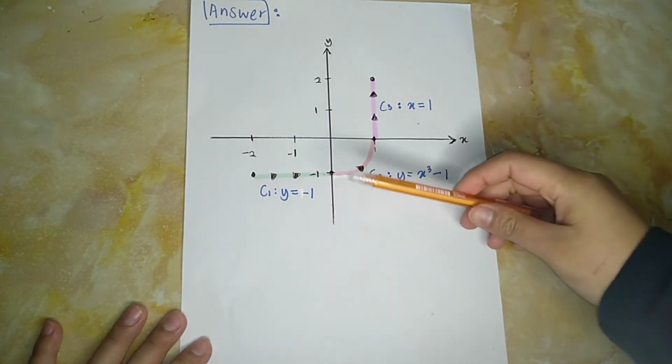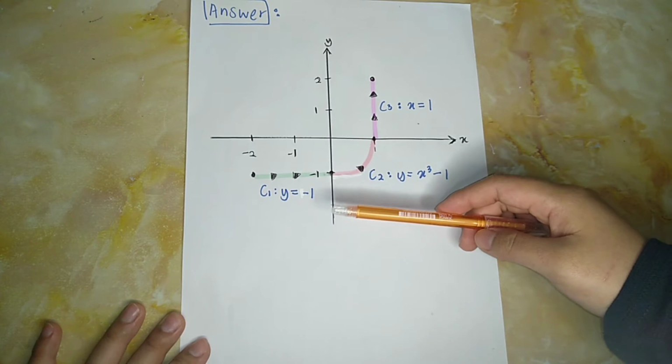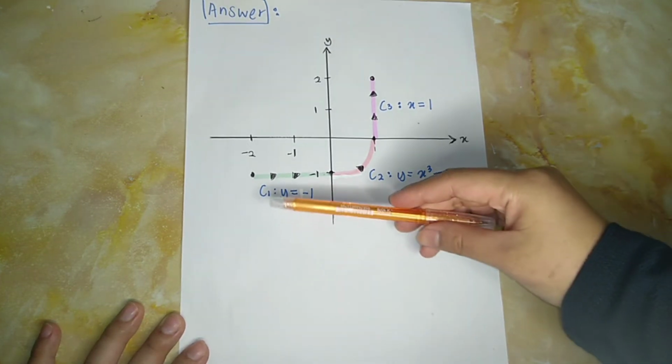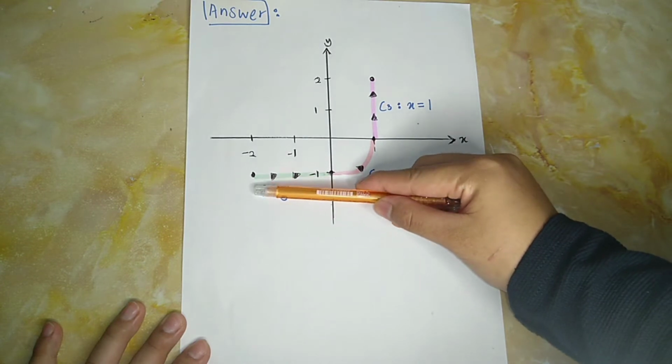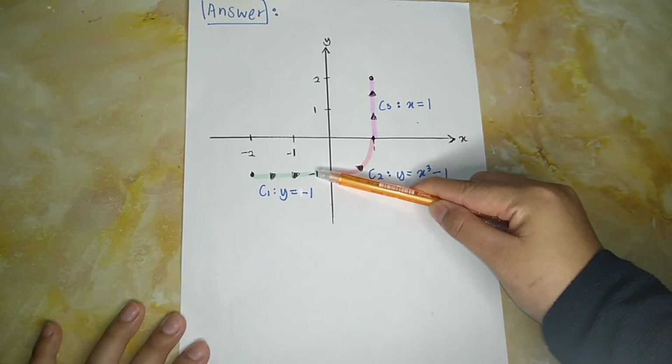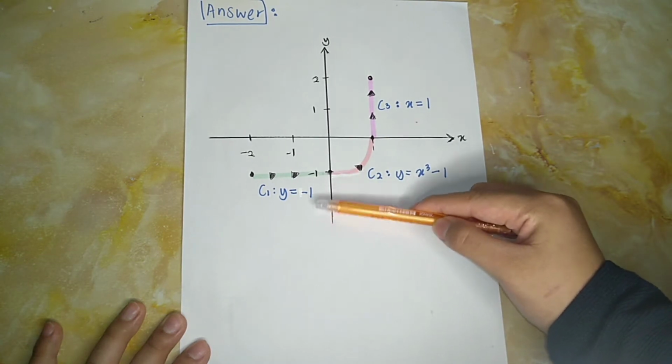So this is how the graph will look like. The line at point -2, -1 is here, and then to point 0, -1 here. For C1, y equals -1.